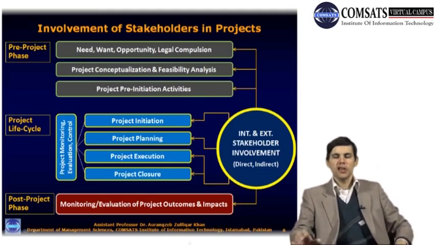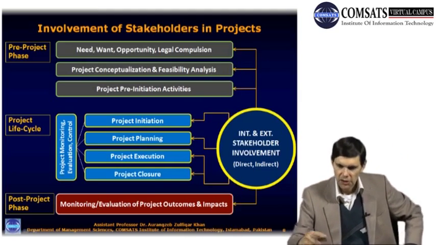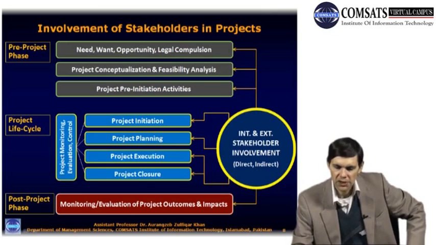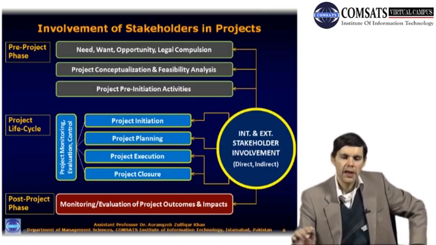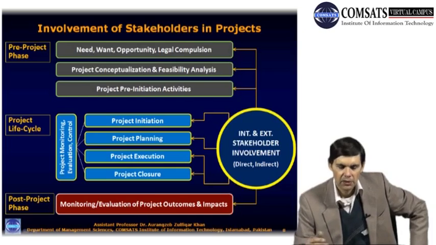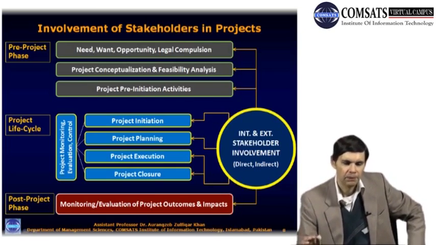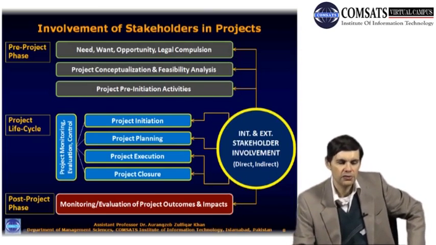And if you can see here on the right side, this blue circle with the yellow border, this is where you have the stakeholders. And you can see the stakeholders, they are interfacing. In other words, they have a relationship, they have some involvement with all these different phases and sub-phases.